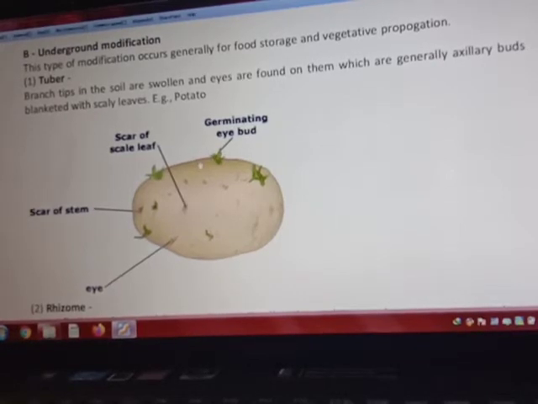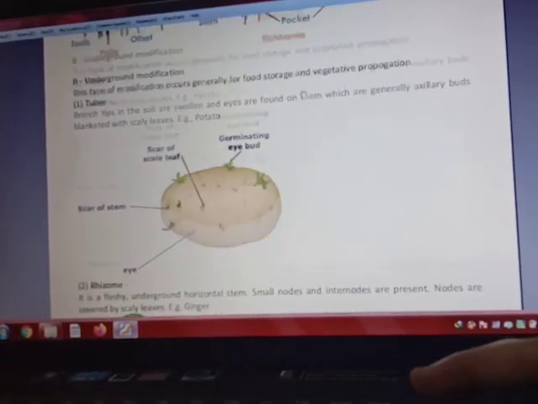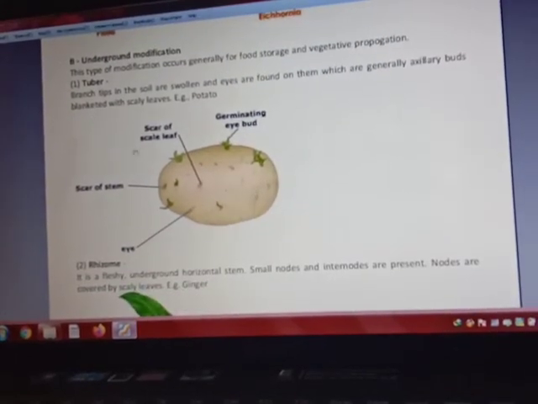If the eye bud is present on the tuber, we can further use this for the next germination or for the production of next plants as vegetative propagation. So tubers are basically in the soil and swollen, and eyes are found on them as we have shown in this diagram also, and these are generally axillary buds.